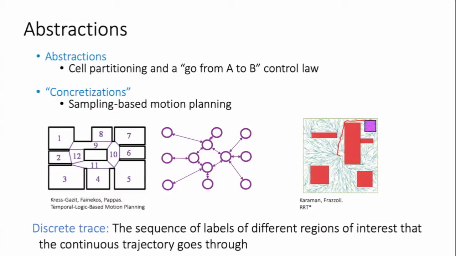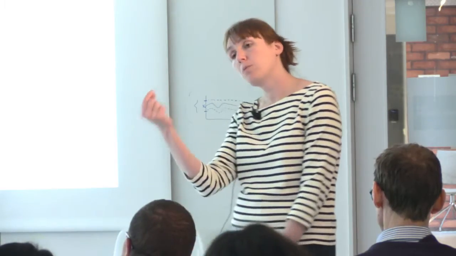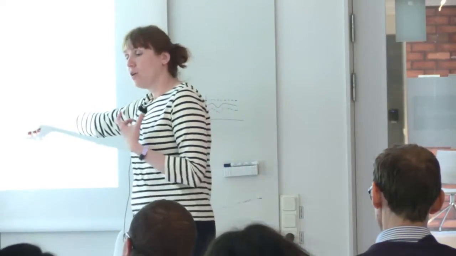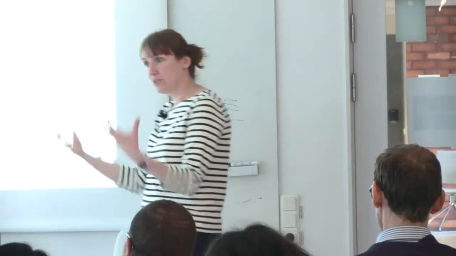Another thing that we started calling concretizations is that each state in your discrete state space is not going to be a bunch of states in your original state space. It's going to be one state. So it's one-on-one mapping, but it's not one-on-one because this is only a subset of the real system.